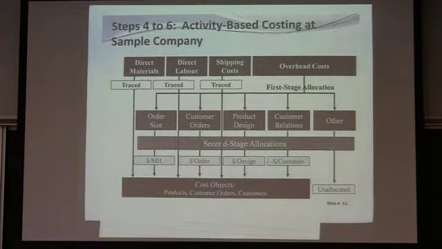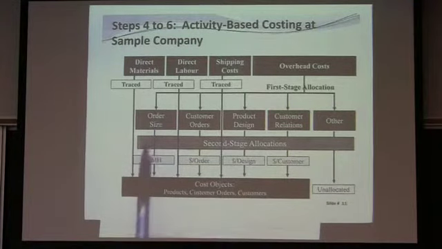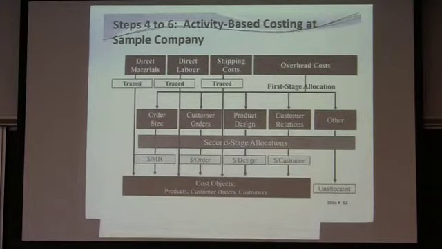Then we determine what is the driver for this activity. In this case, it's machine hours. This one is number of orders. For the number of customer orders, we look at how many items the customer orders, which will determine how much to allocate to that particular activity.